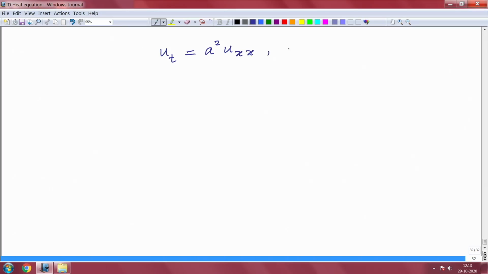So, now we are working in a finite interval. So, x is in (0, L), L is some positive number, and t bigger than 0. So, the initial condition is given.